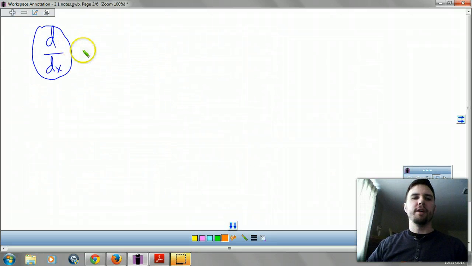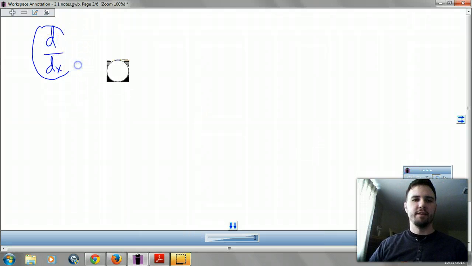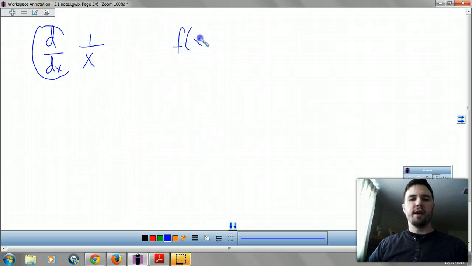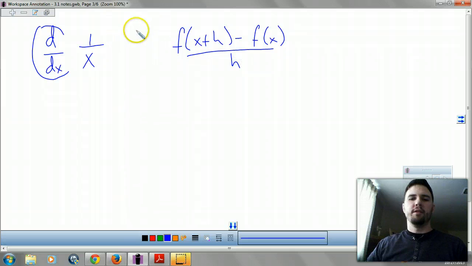So again, let's say I'm finding d over dx of your f of x, which is 1 over x. So that's my function. I'm using f of x plus h minus f of x all over h, and it's the limit as h approaches 0.